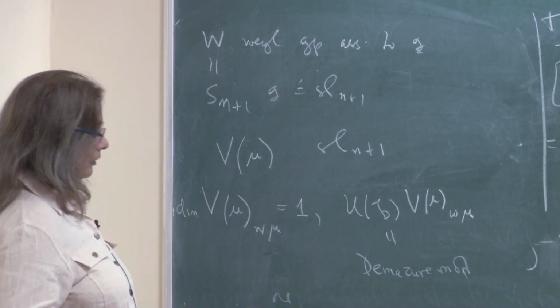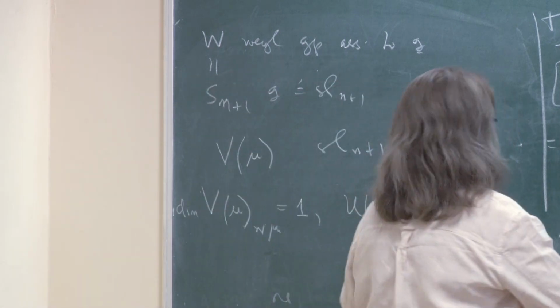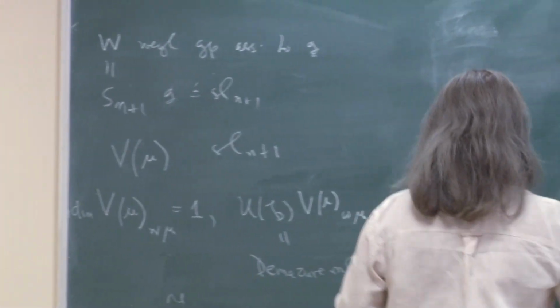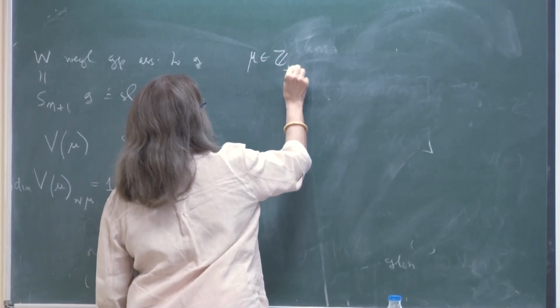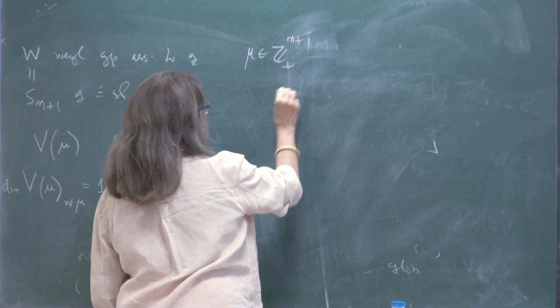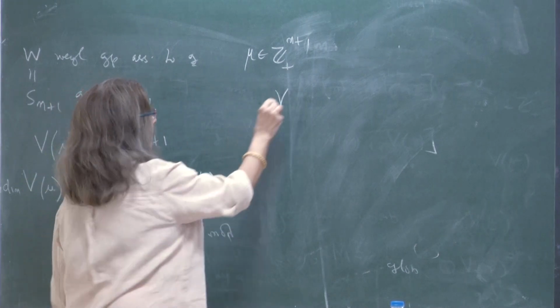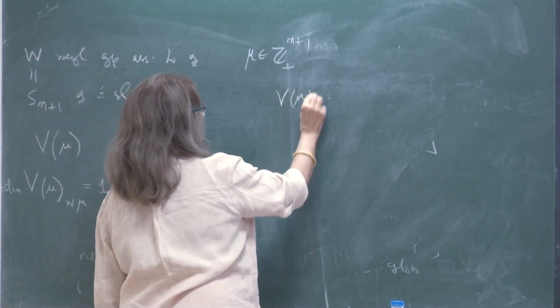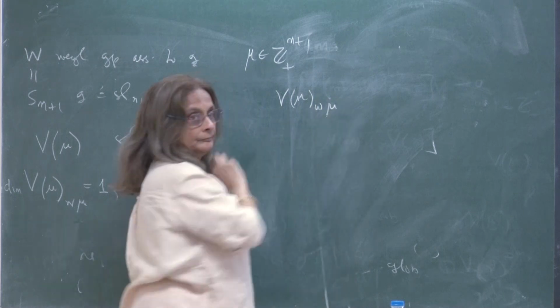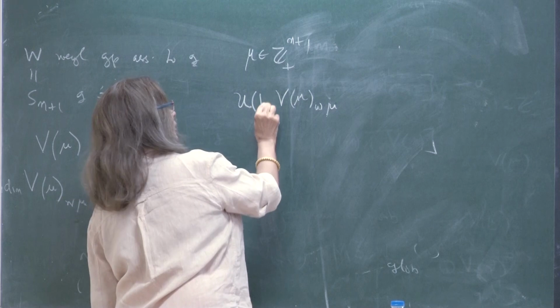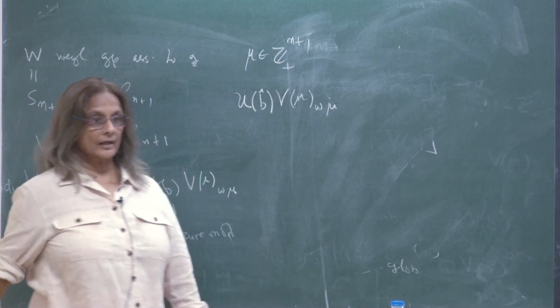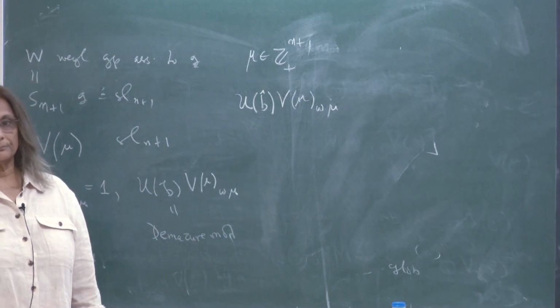Now you can do this for the affine Lie algebra, so we're in the context of positive level representations. You take mu in Z plus, and you can do V_mu of W_mu again, and then you have the analog of the Borel subalgebra. That's called a Demazure module.